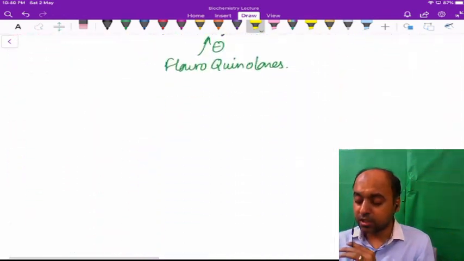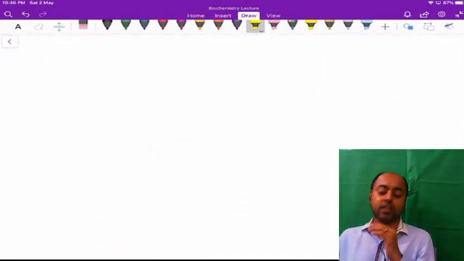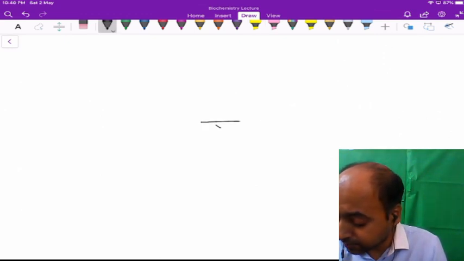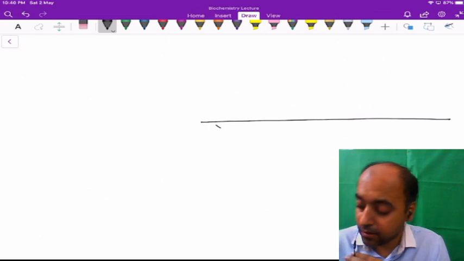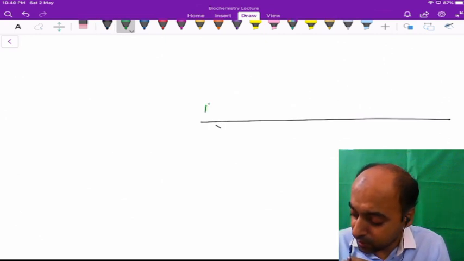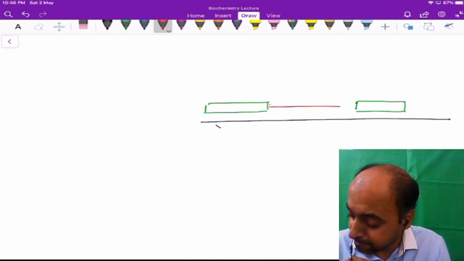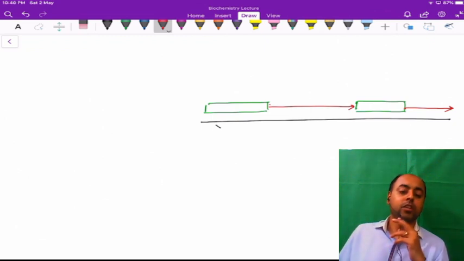We reach the end of the replication on one of the lagging strands. So at the end what you will find? The Okazaki fragments.